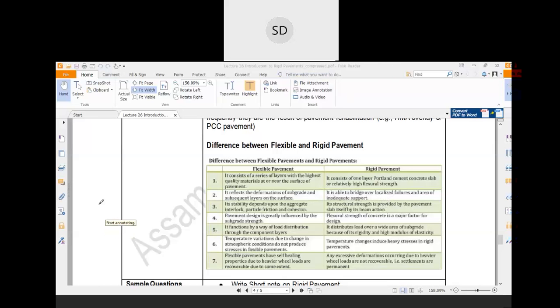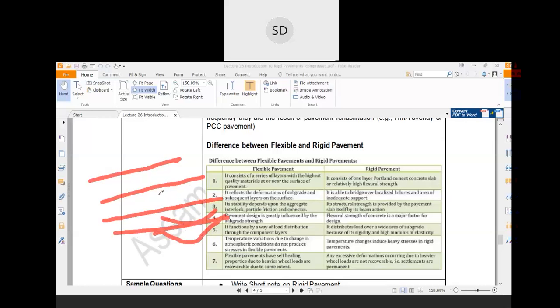So what does this mean? It means that in the flexible type of pavement, there are different layers. If in the subgrade layer there is any damage, that damage would gradually be seen over the top layer. It would be reflected throughout the layers.